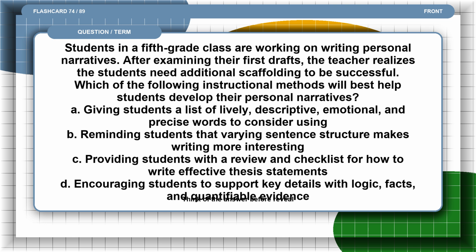B. Reminding students that varying sentence structure makes writing more interesting. C. Providing students with a review and checklist for how to write effective thesis statements. D. Encouraging students to support key details with logic, facts, and quantifiable evidence. Pause and think of the answer before the reveal.